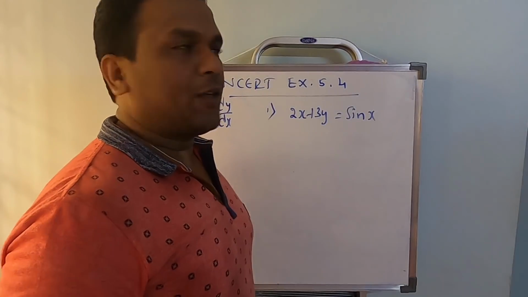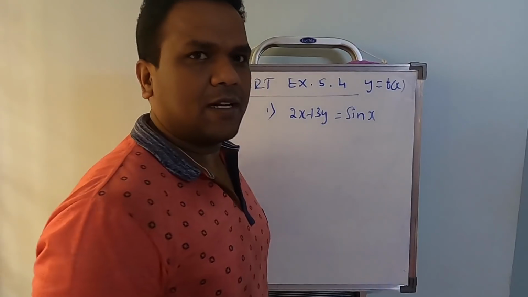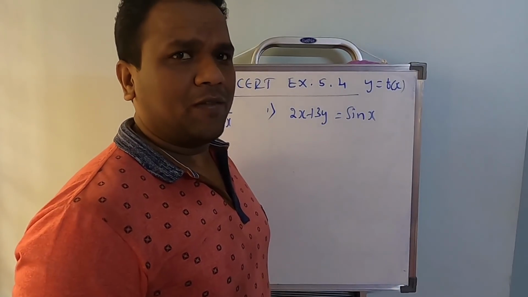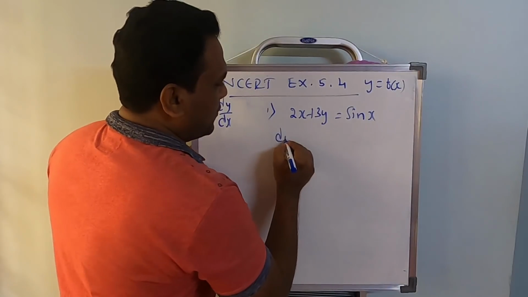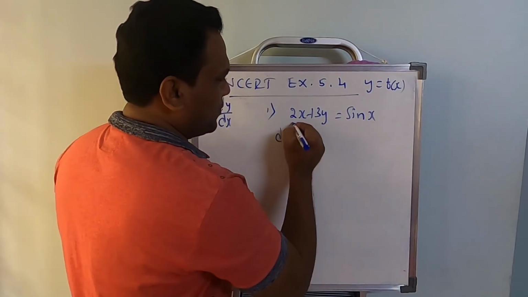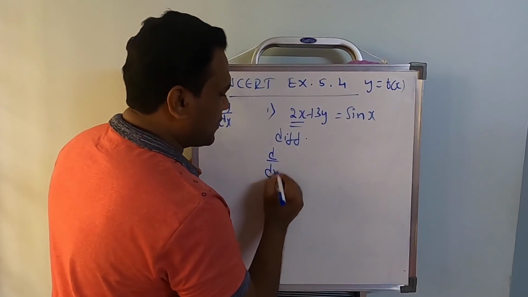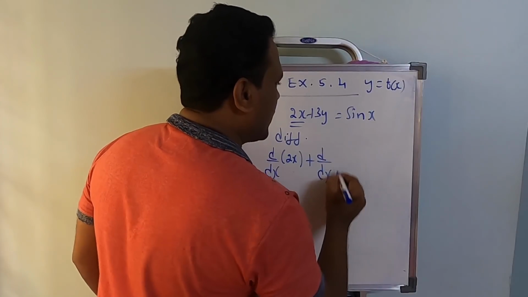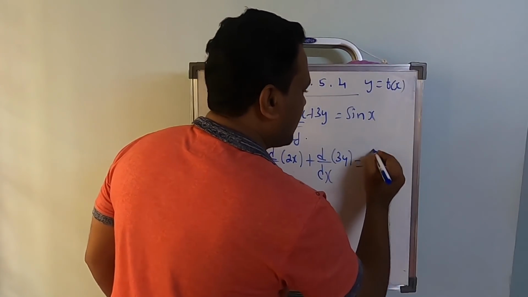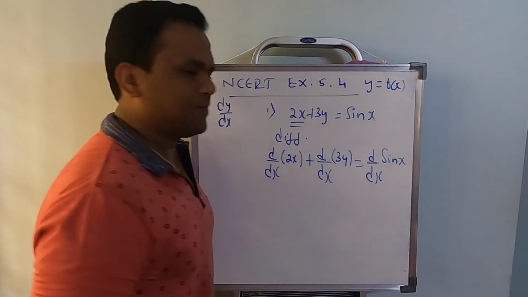Once again I am telling you, if it's possible to express y is equal to f of x, express and differentiate. If not possible, we will differentiate directly. So let us differentiate this directly now. Differentiation of 2x, plus differentiation of 3y, is equal to differentiation of sin x.